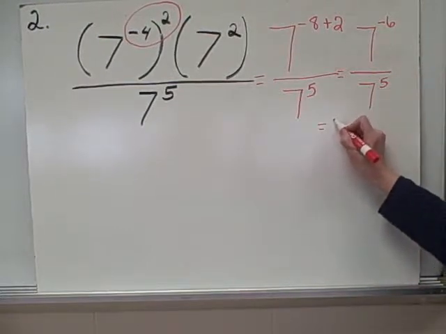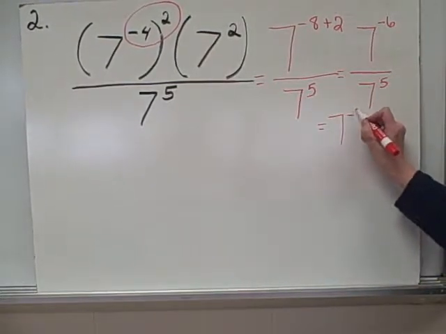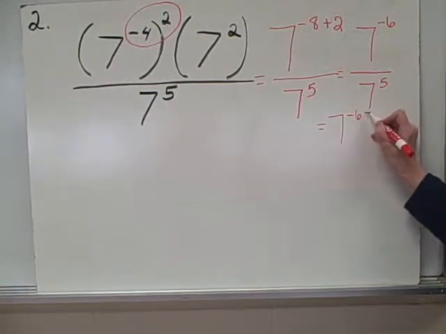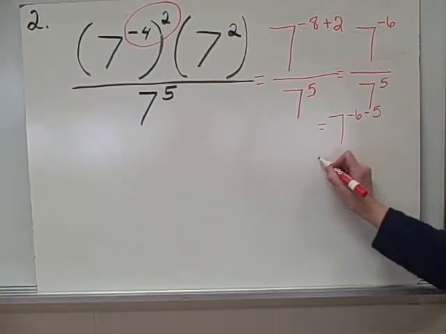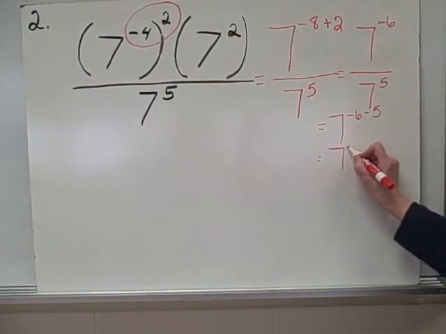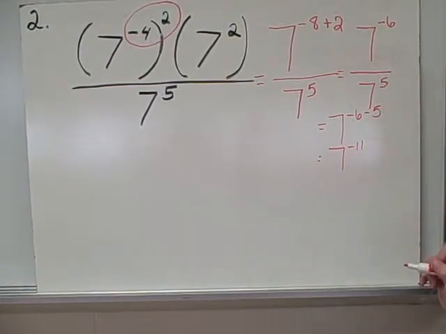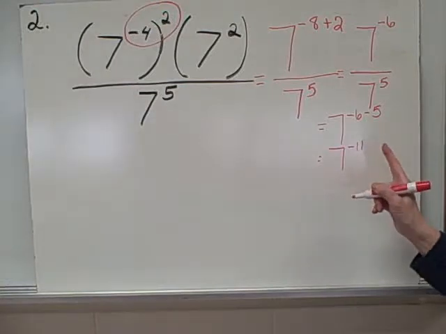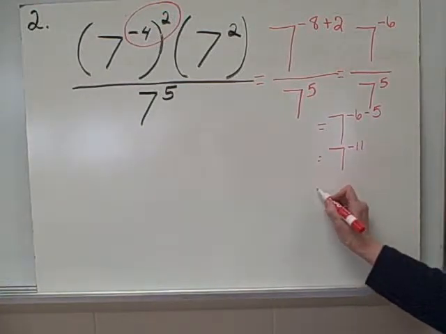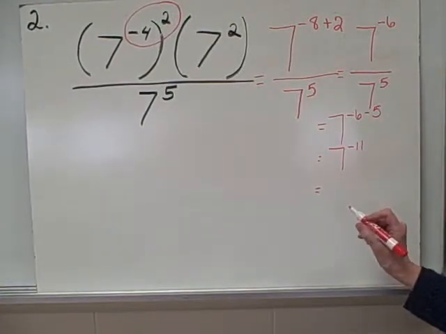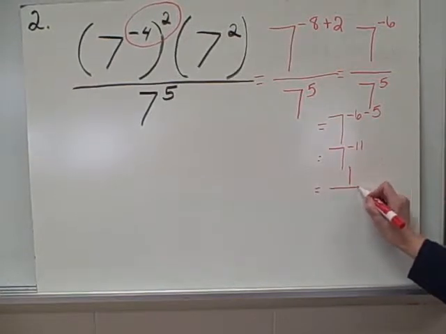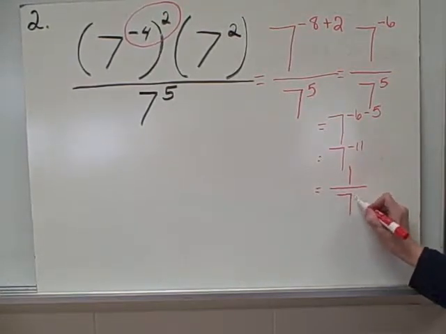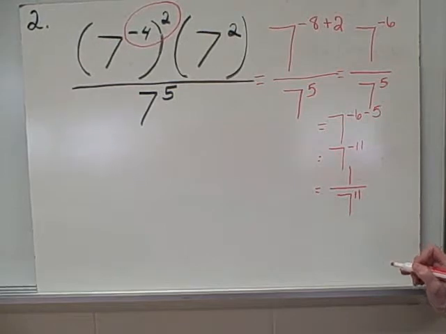So this will say 7 to the power of -6 minus 5. So 7 is going to be to the power of -11. We cannot leave a negative exponent as our answer, so we do its reciprocal. So it will be 1 over 7 to the 11th power.